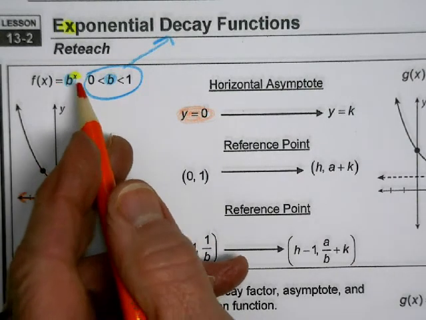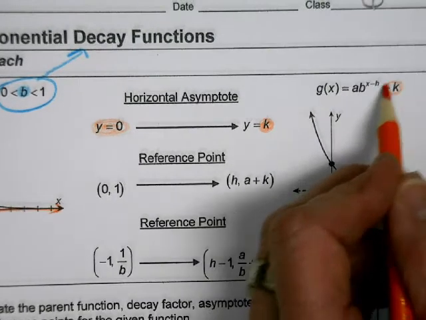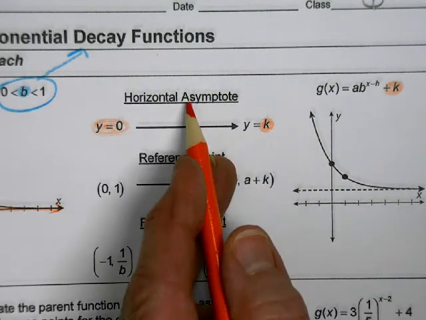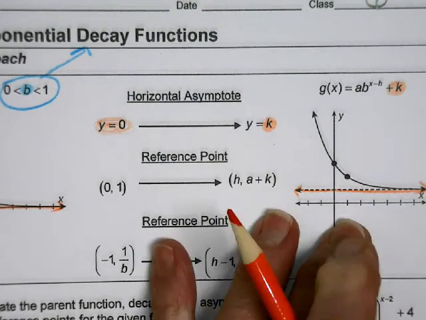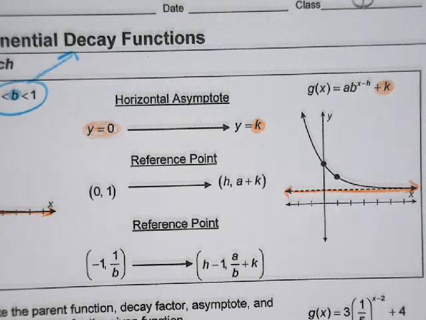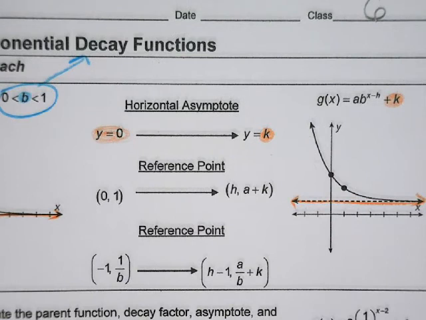But if you do anything to this parent function, like add a value to its equation, then that asymptote, that it's funnily called, will either go up above the x-axis or it'll go down below the x-axis, depending on the value of k, just like all the other graphs. It wasn't the asymptote that moved, it was the vertex that moved. It wasn't the vertex that moved, it was the y-intercept that moved. Yeah, everything, something moved when you added a k.